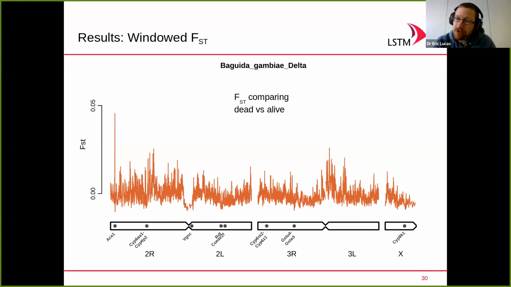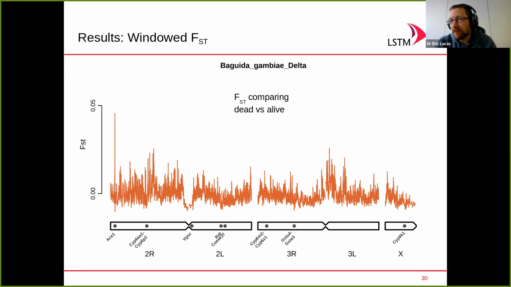And that will be particularly true for a window that has recently undergone positive selection, which is probably going to be the case of any window that's associated with insecticide resistance. So we're amplifying all of the signal, and particularly in regions associated with resistance. And so hopefully regions that don't come out as significant in an individual SNP-wise analysis will suddenly stand out.